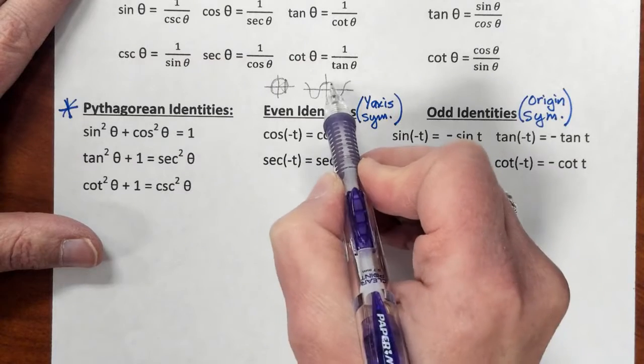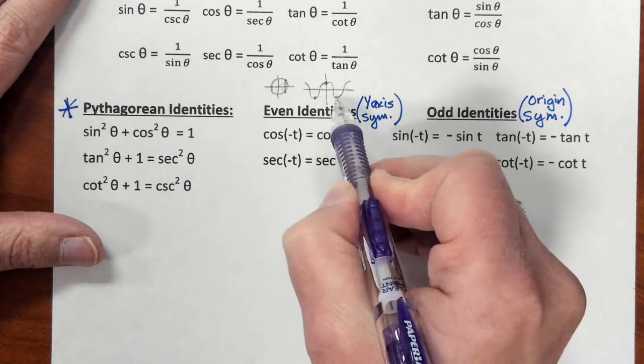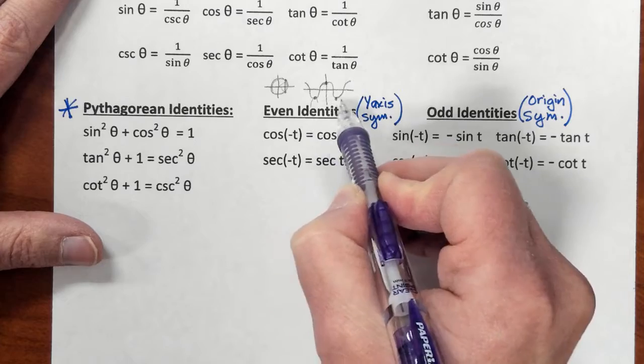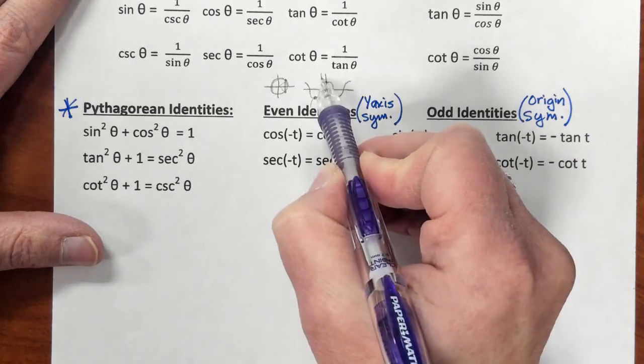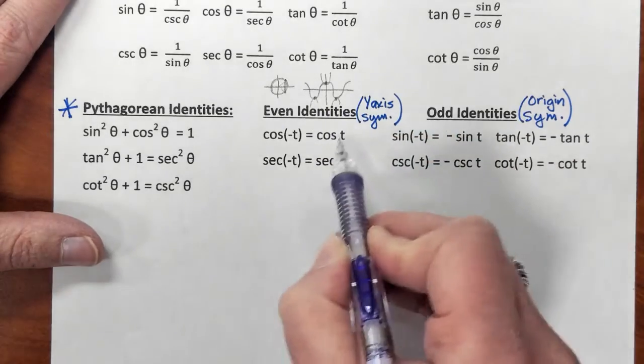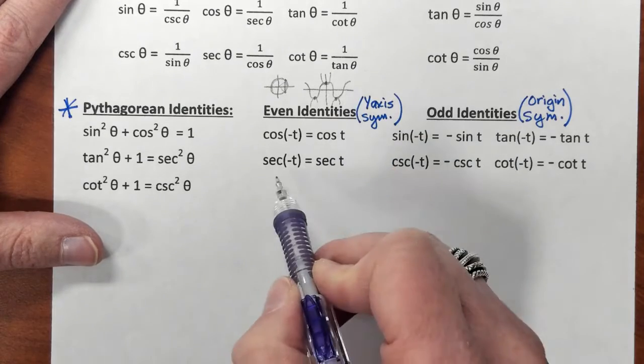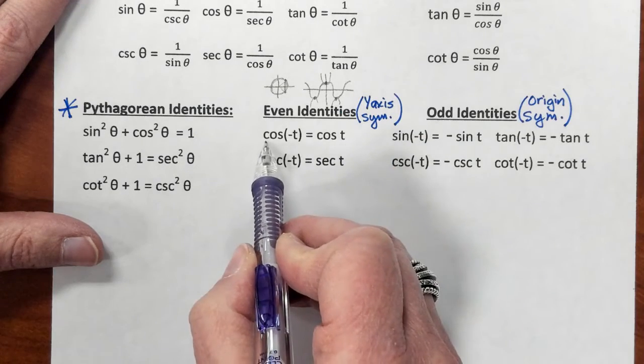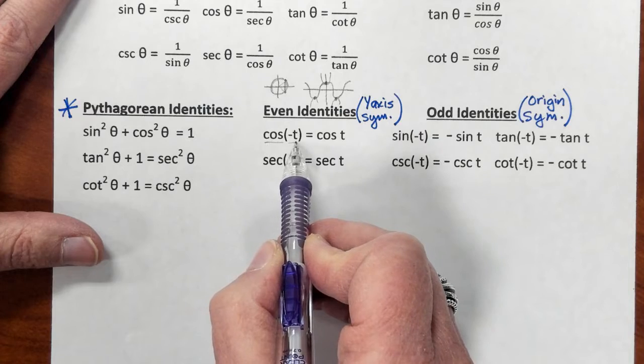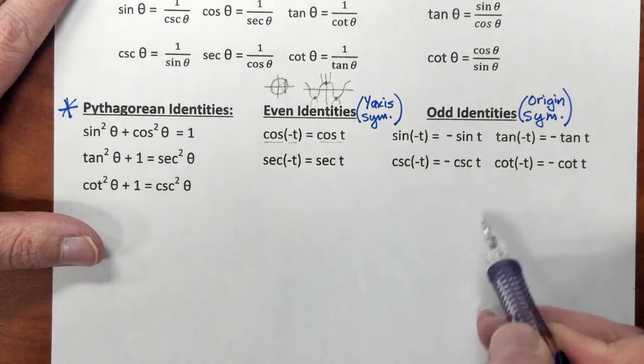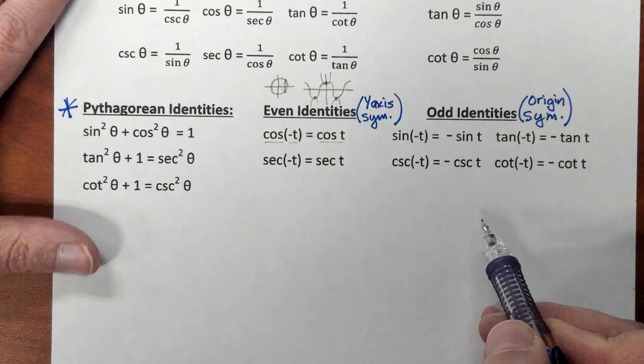That's why it's even. And also, if we come to each of those minimums and those maximums and we draw the secant, remember, it also is reflective over the y-axis. So remember, the cosine of a negative value is the same thing as the cosine of the positive value.